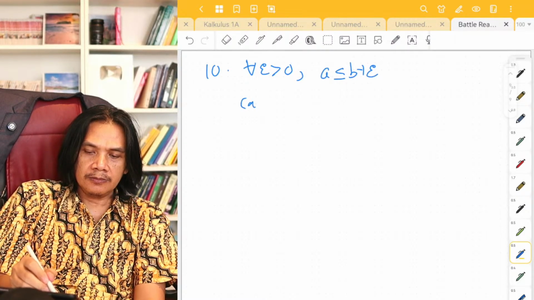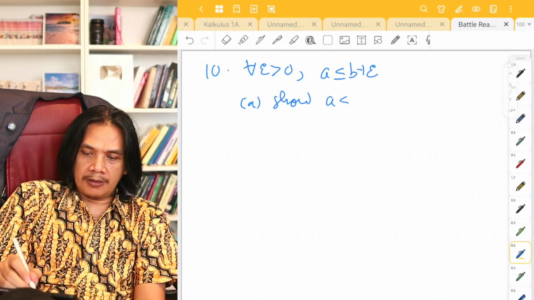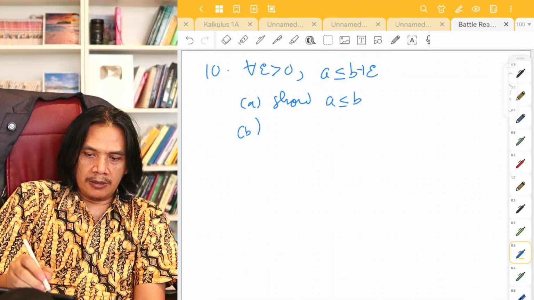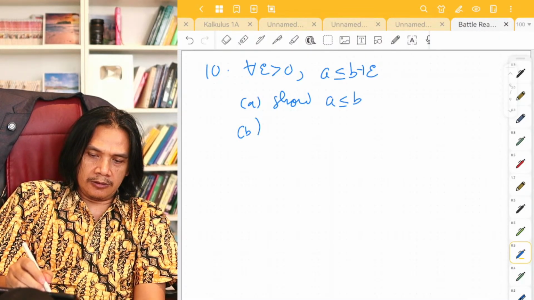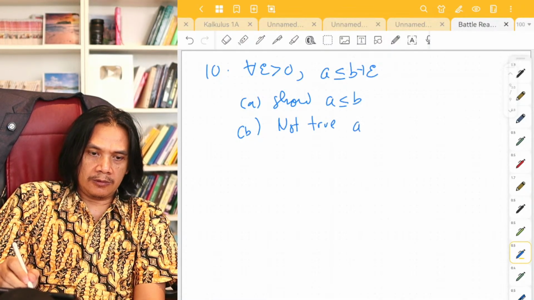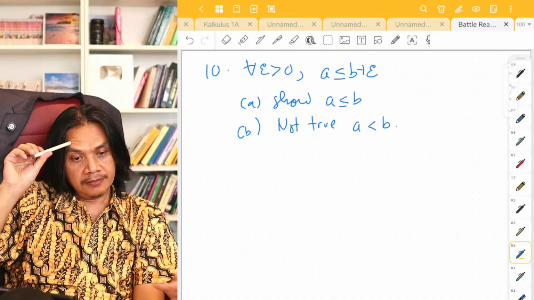Show A is less than or equal to B, and show that the converse is not true. Basically, it's saying A can equal B. A less than or equal to B, but it's not true that A must be less than B, which means A can be equal to B.